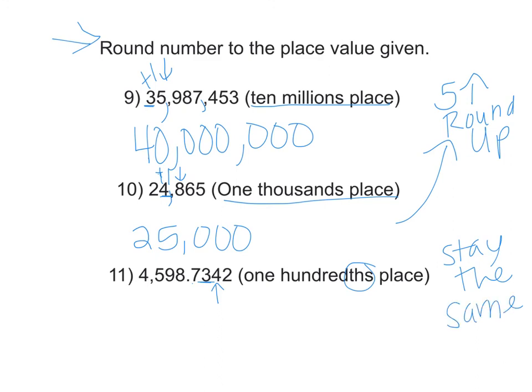So my answer should be 4,598 and 73 hundredths. Remember, everything before that digit stays the same, and then everything after it becomes zeros. But because it's a decimal, I don't need to include my zeros after it. Those aren't necessary. So I can just write it that way.